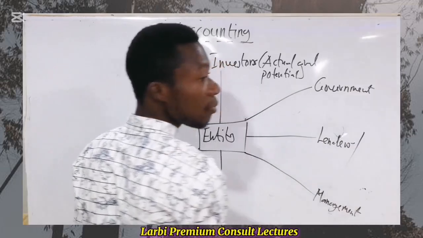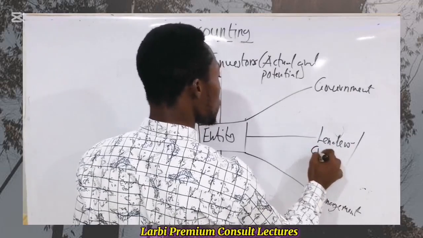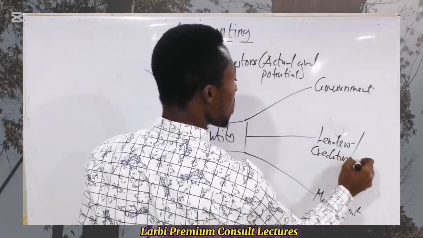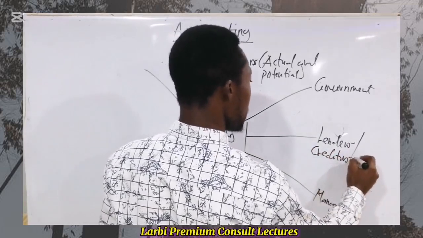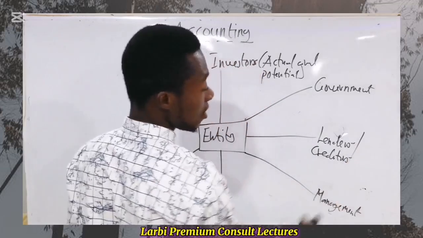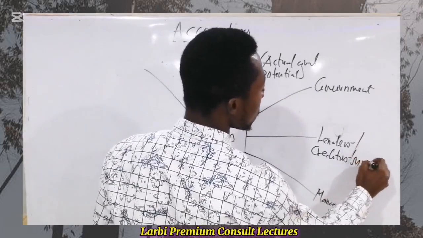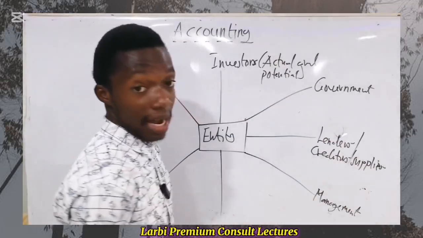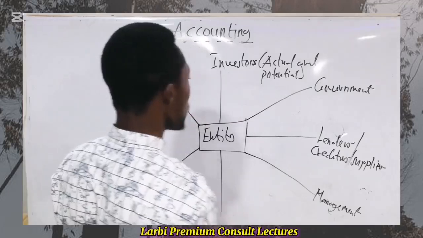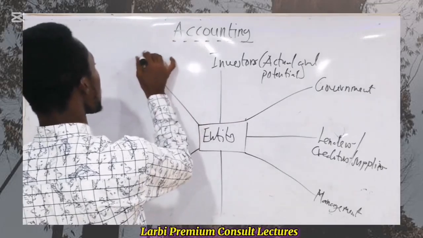Lenders can include creditors, or we can bring in suppliers. We may also have employees.